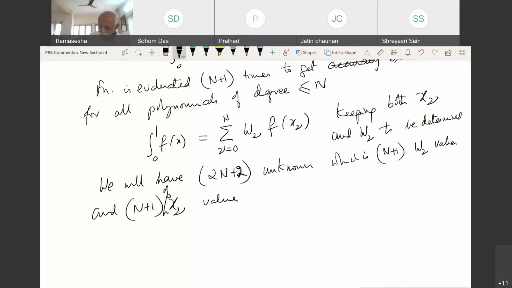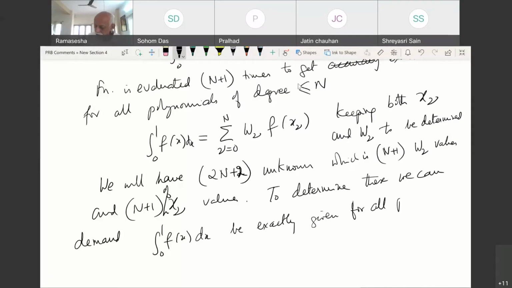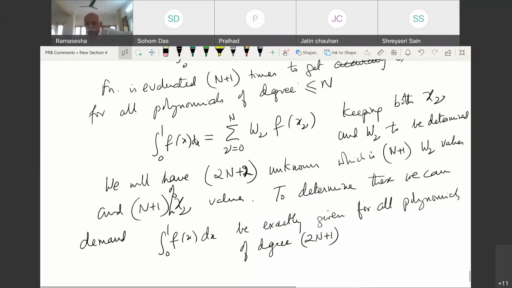Right? So to determine them, we can demand integral 0 to 1 f(x) dx be exactly done for all polynomials of degree 2n plus 1. Am I right?